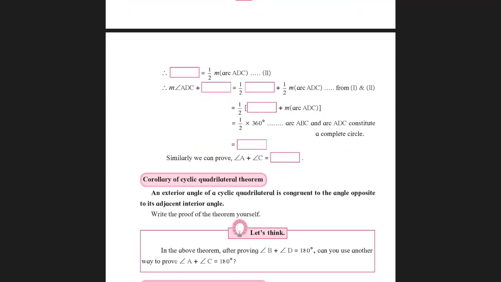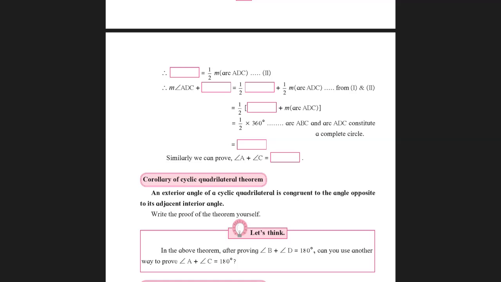Next step, the measure of angle ADC plus the measure of angle ABC is equal to half the measure of the arc ABC plus half the measure of the arc ADC, from 1 and 2.